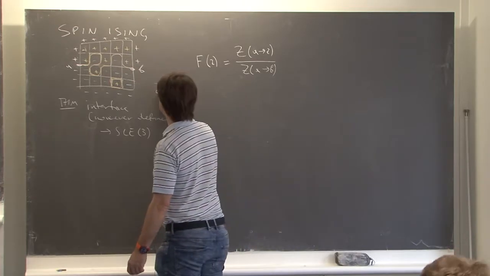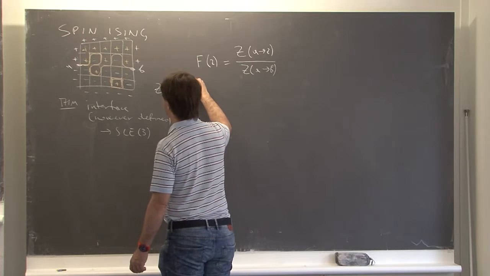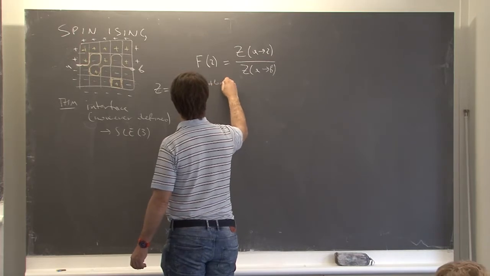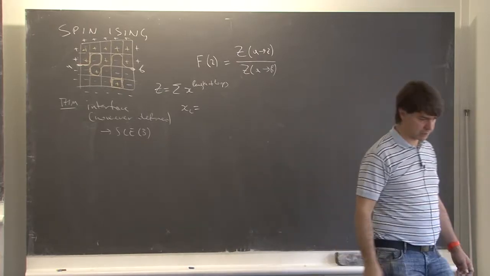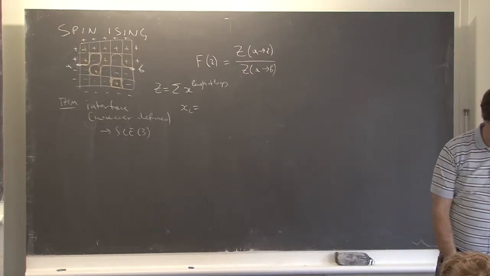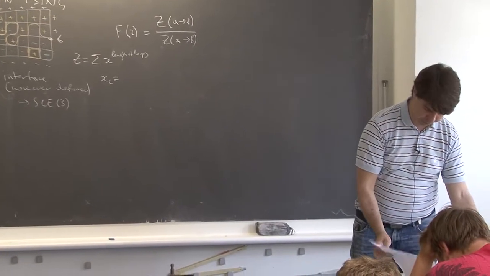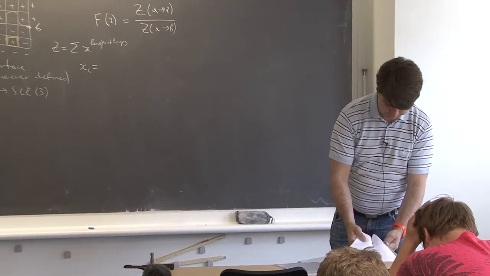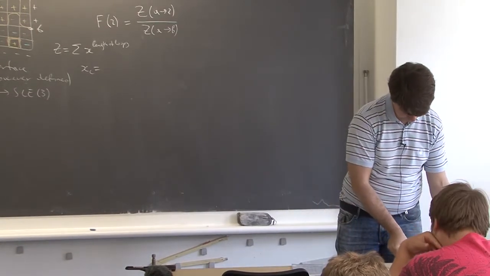So it's the sum of x to the power of the length of loops. And the critical x is, I always forget, it's square root of 2 minus 1 or something like that. I always forget, so I write it on a piece of paper and then, okay, so there was one piece of paper in the world with the value of x and I lost it.